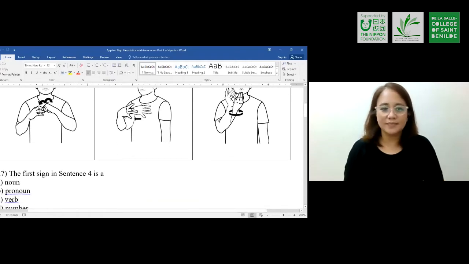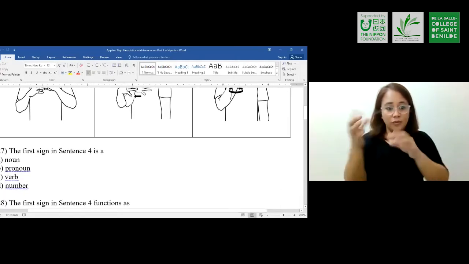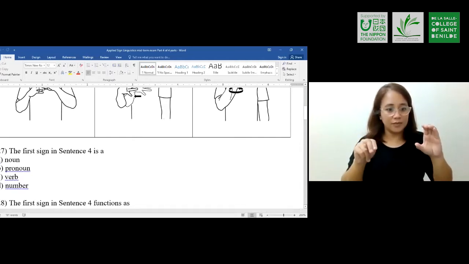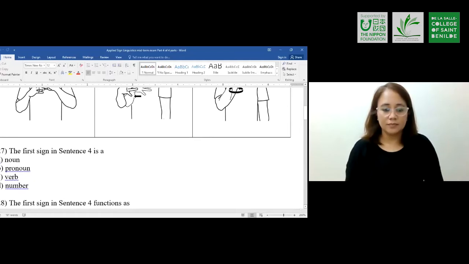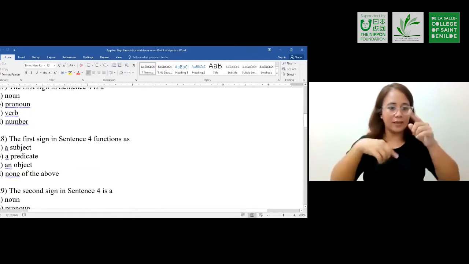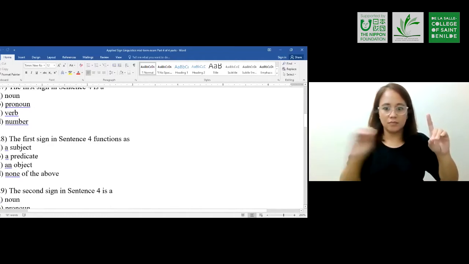Okay, grapes. The first sign in sentence 4 is A, a noun, B, a pronoun, C, a verb, D, a number. I see A's. Yes. The first sign functions as A, a subject, B, a predicate, C, an object, D, none of the above.